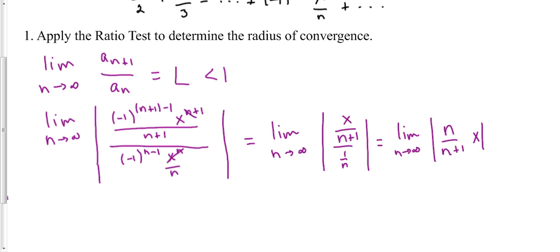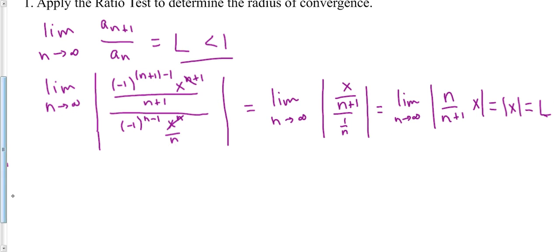And then if we apply end behavior modeling here, we're going to have basically n over n, which is going to cancel, and then our limit is no longer going to be a function of n. So it's just going to be equal to the absolute value of x, which is going to be equal to L. And as we said earlier, we want L to be less than 1.